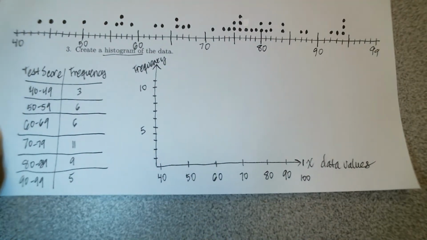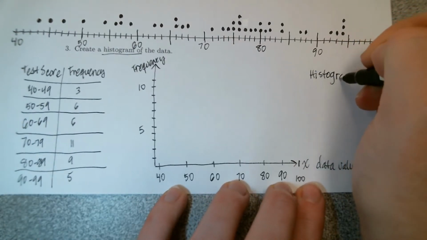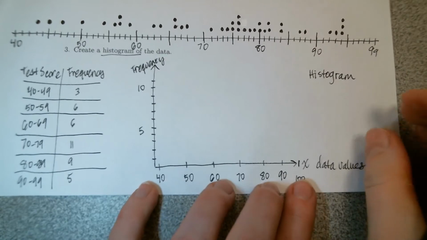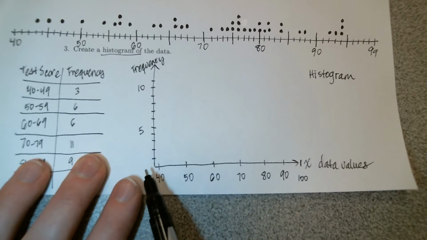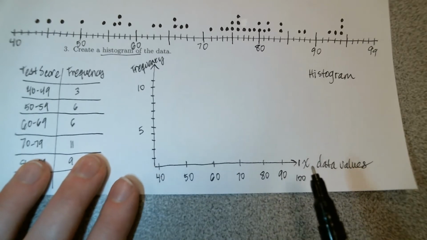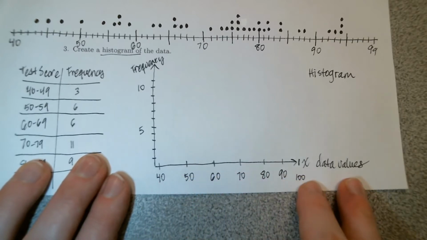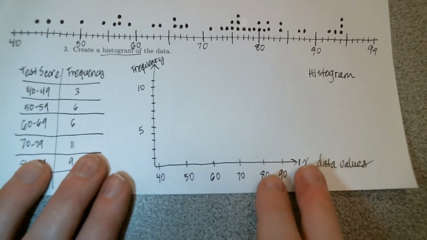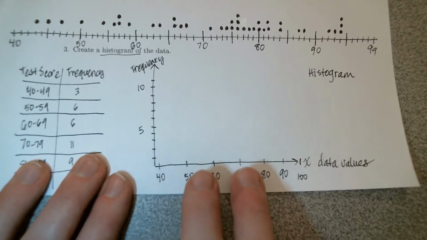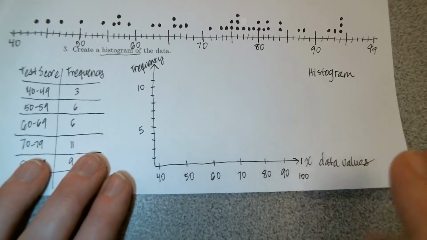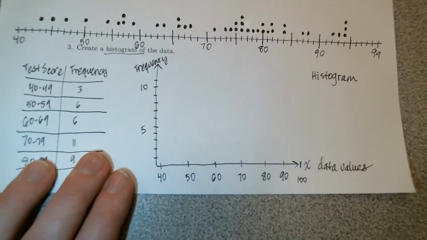Okay, so in a histogram, we are creating a bar graph where the bars are all touching each other. And ideally, you would want these to be evenly spaced, but you can see I ran out of room, so I made these a little tight over here, but ideally you want these to all be the same width. And then on the vertical axis, we're going to keep track of the frequency.